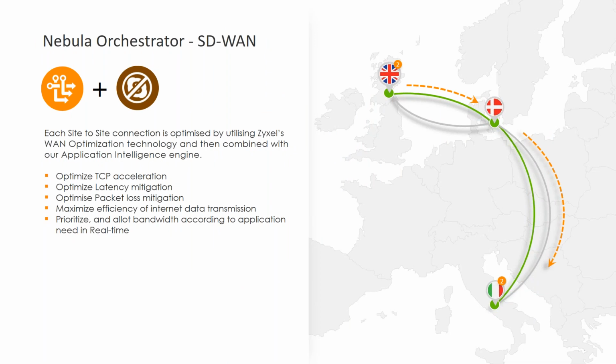So in this case, we have Nebula Orchestrator, and in this site-to-site connection, we have an optimized connection between UK and Italy, and we can optimize the bandwidth on this connection.